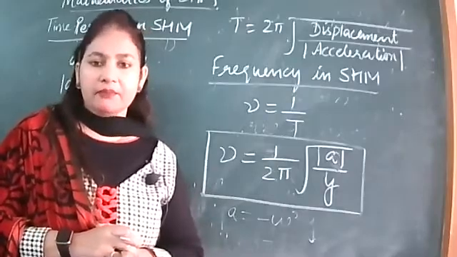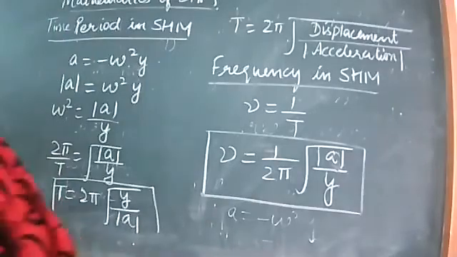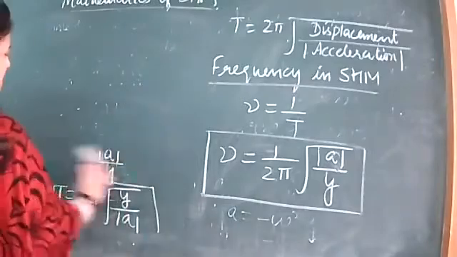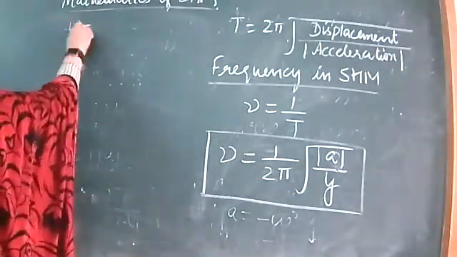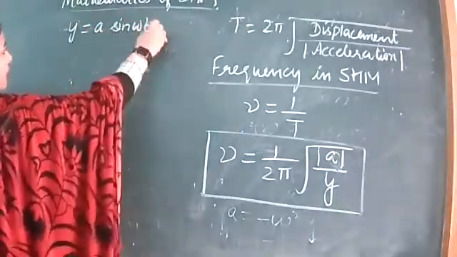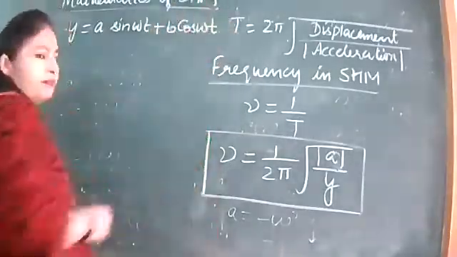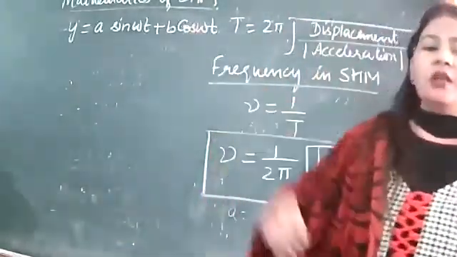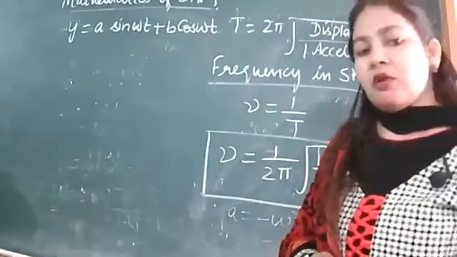Okay, fine. Right. Now, I give you one question. You have to prove whether the motion presented by this equation is SHM or not. So how to do these types of questions? Show that or find out whether the motion presented by this displacement equation, y = a sin omega t plus b cos omega t, is SHM or not.